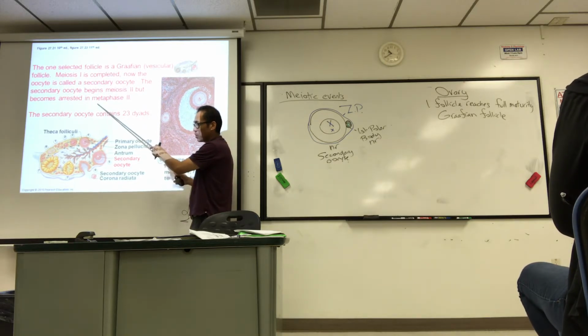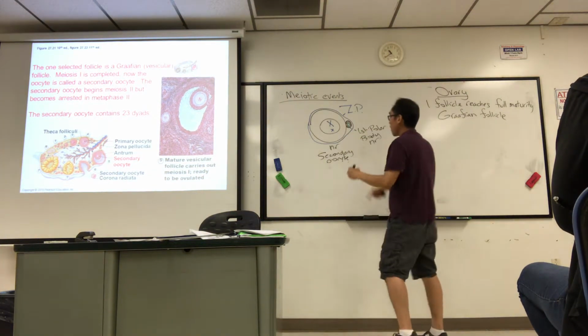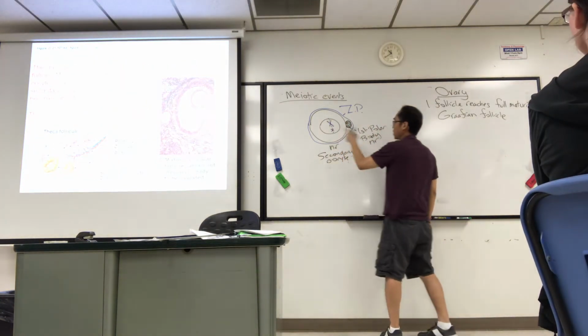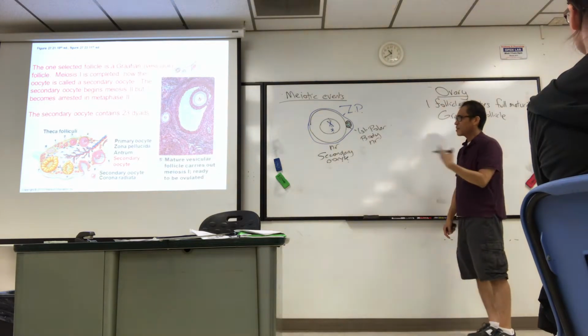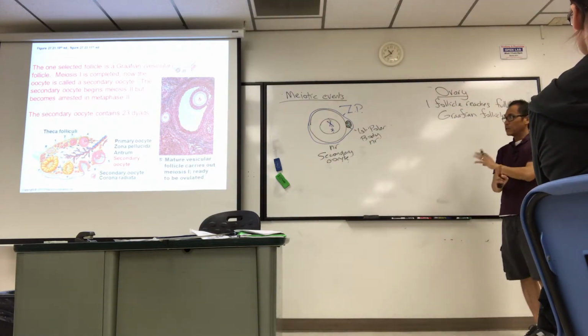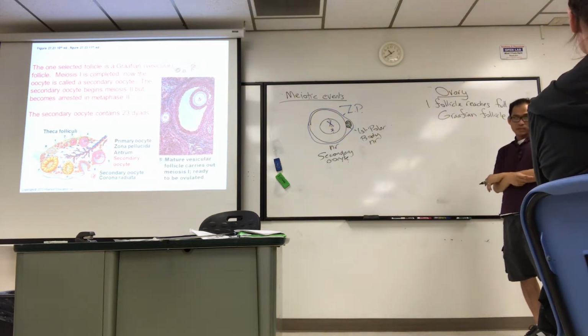Metaphase 2 or anaphase 2, depending on which book you read. Okay? So the chromosomes align, but there are cells in the follicle that communicate with the oocyte saying, don't finish meiosis 2. You need sperm to be present. There's no point in finishing, there's no sperm to fertilize.